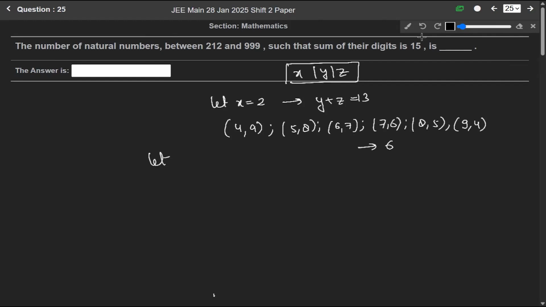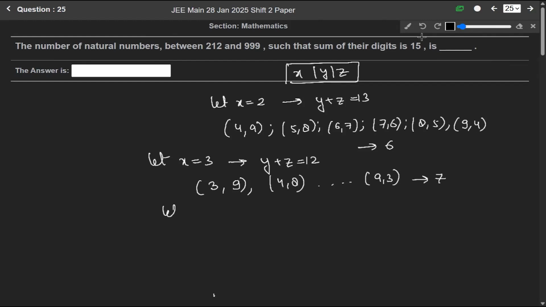Okay. And let us say x equals 3. At that time y plus z equals 12. So the ways will be 3,9; 4,8; and like this up to 9,3. So the number of ways will be 7. Okay. So when x is equal to 4, at that time y plus z is equal to 11.